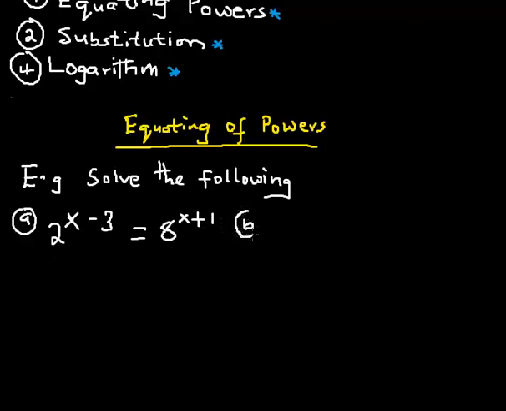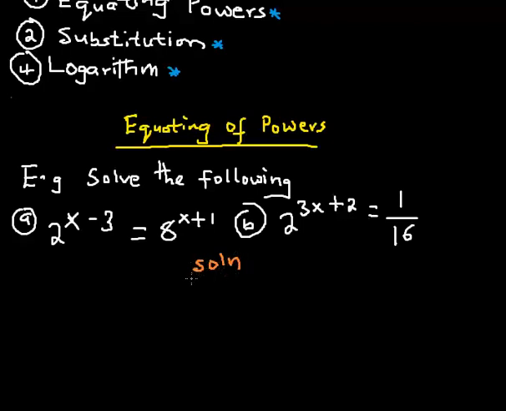For part b, let's look at 2 raised to the power of 3x plus 2 equal to 1 over 16. These are equations that we can solve by equating powers.